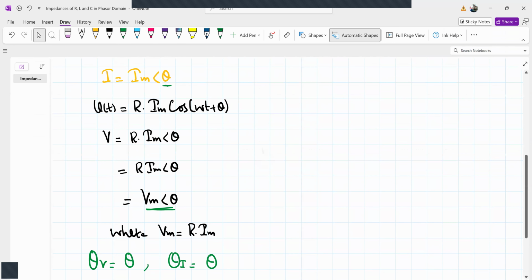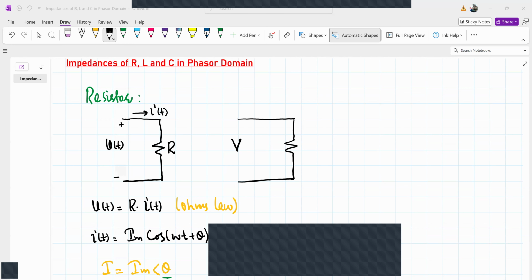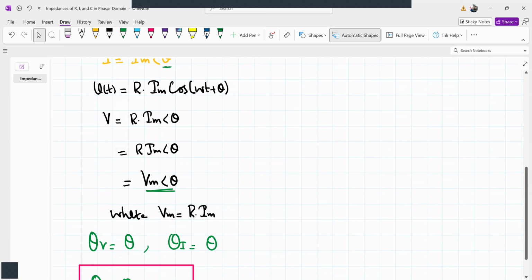So if we draw the equivalent circuit of this resistor in phasor domain, V is related to I. From this equation, we can say V is equal to R times I phasor, right?